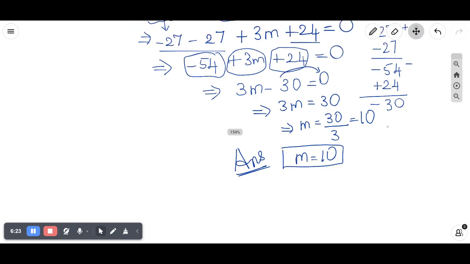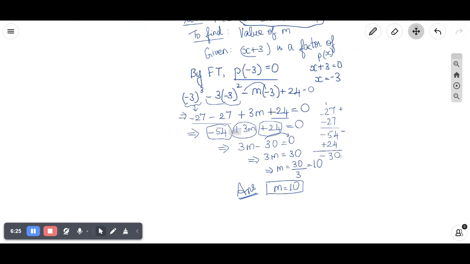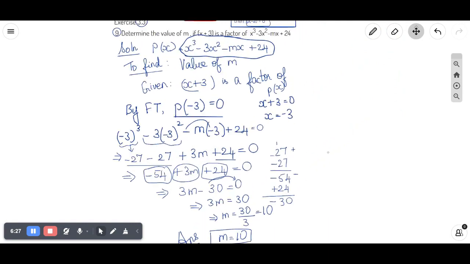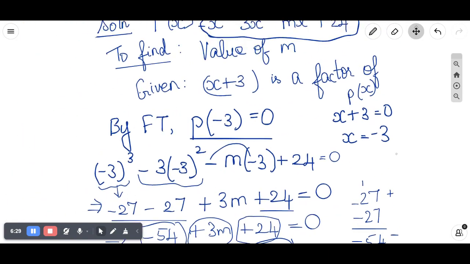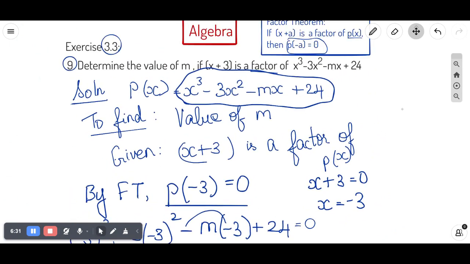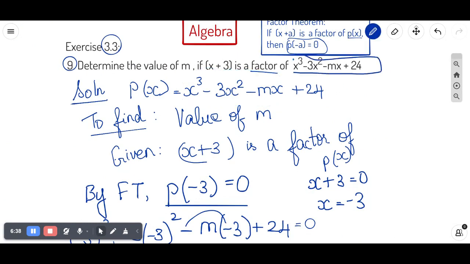So let us have a quick recap of what we have done. First of all, we check the question. What is given? You are given a p of x, x cube and so on, and one more thing: x plus 3 is a factor of p of x. You have to find the value of m.